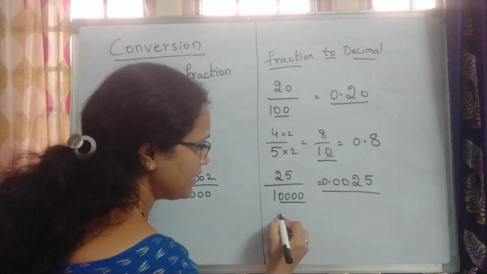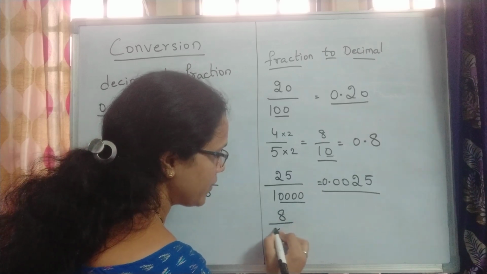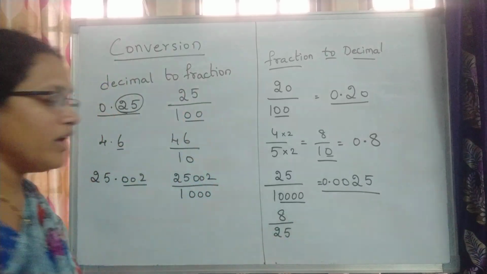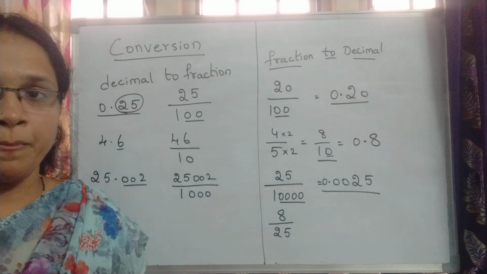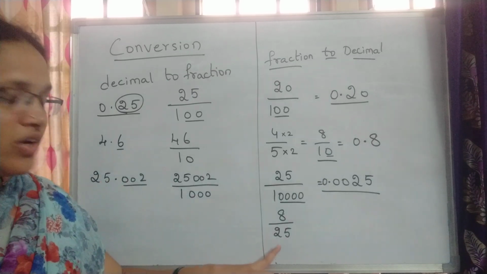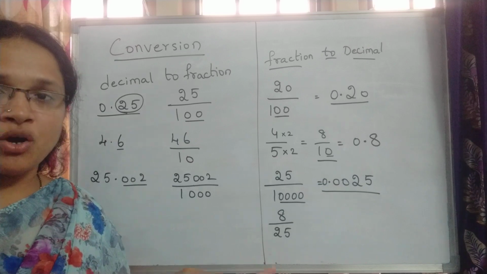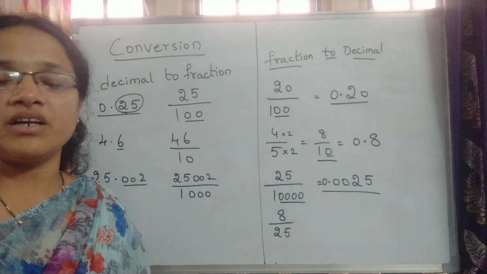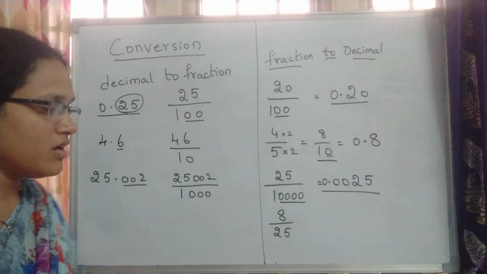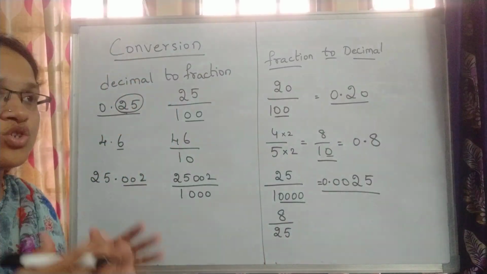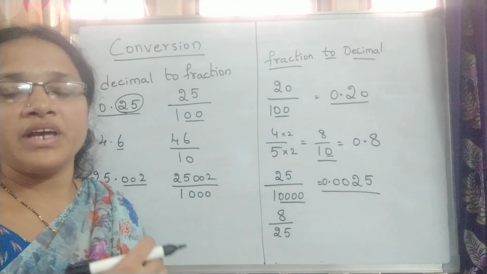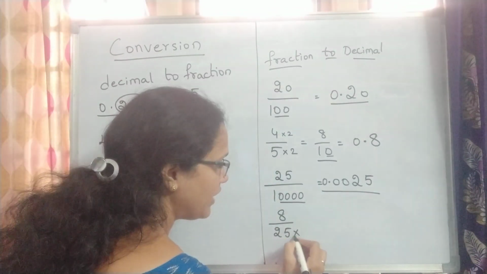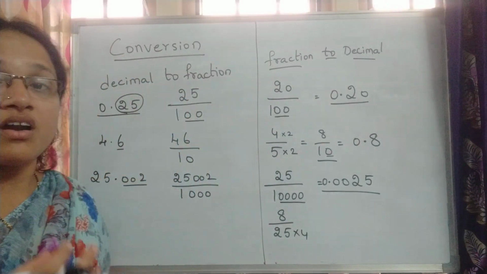One more example, children: 8 by 25. If the denominator is not given in tens, hundreds or thousands, you will surely have a number to multiply with the denominator so that it converts into tens. See here 25. You should think: 25 multiplied by which number gives tens? 25 into 4. 25 fours are 100.